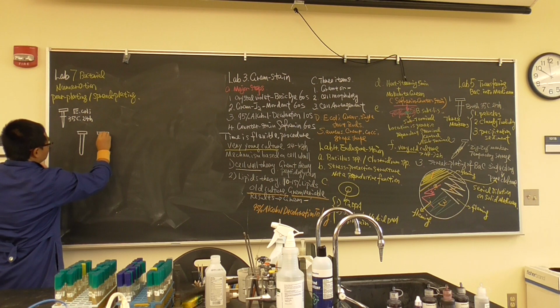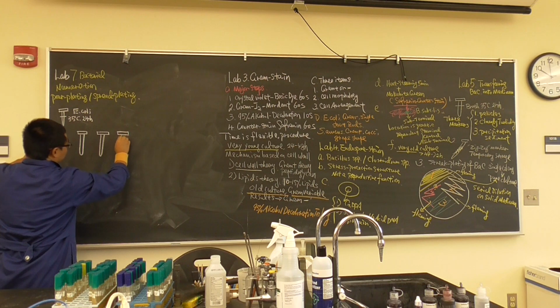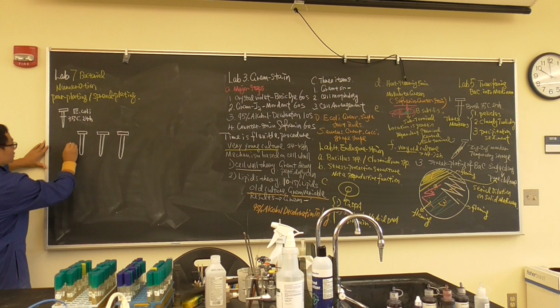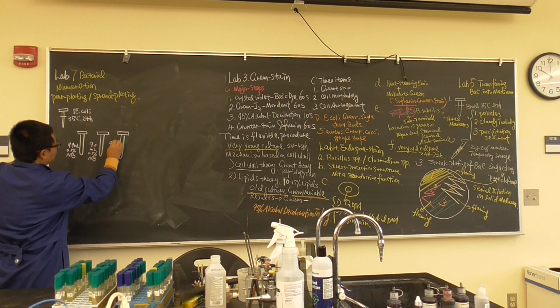Okay, but a little bit complicated. I have the first tube with 9.9 ml of 0.1% nutrient broth. Second tube 9.0 ml of 0.1% nutrient broth. The last tube is 9.9 ml of 0.1% nutrient broth.